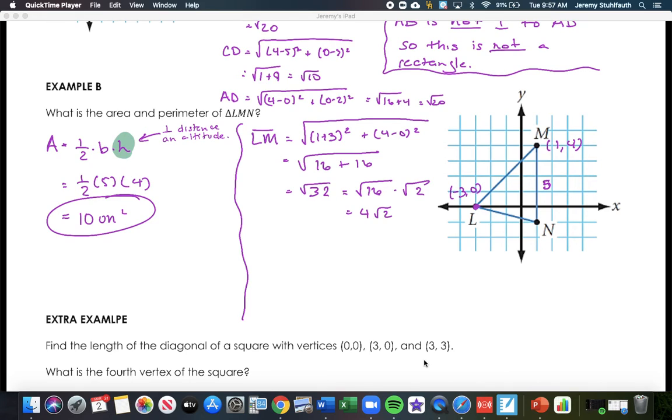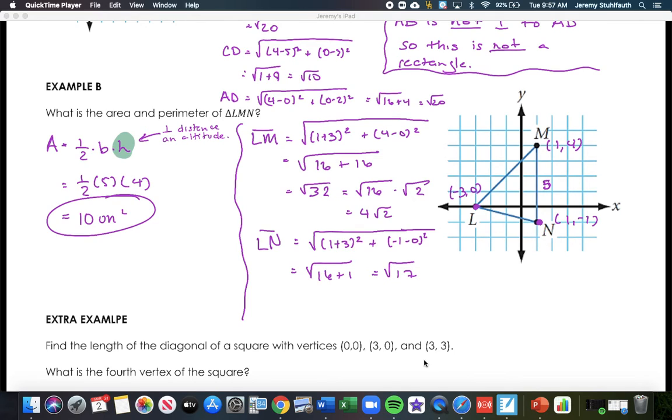Then we would need to find the length of LN. And so if we wanted to find LN, we would use the distance formula again, and we'd have the square root of, N is 1, -1 at that point. So we'd have 1 minus -3, so that'd be 1 plus 3 squared, and then plus -1 minus 0 squared, and that would give us the square root of 16 plus 1, which is equal to the square root of 17.